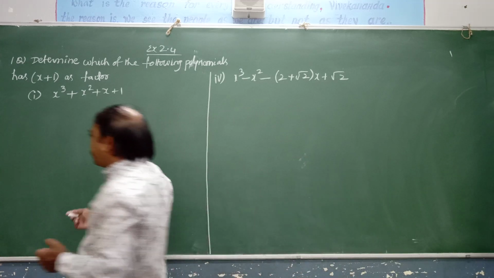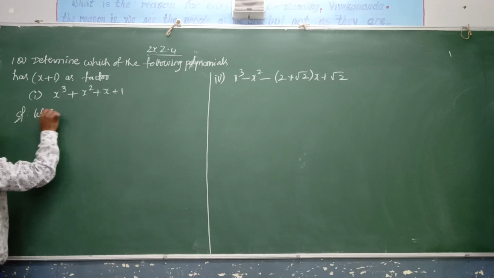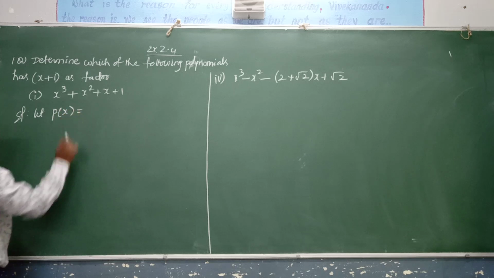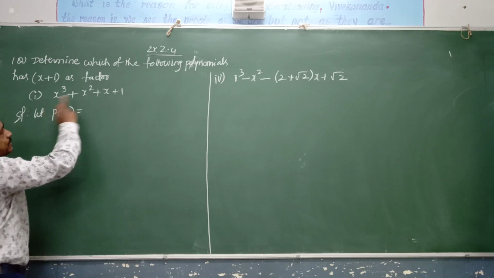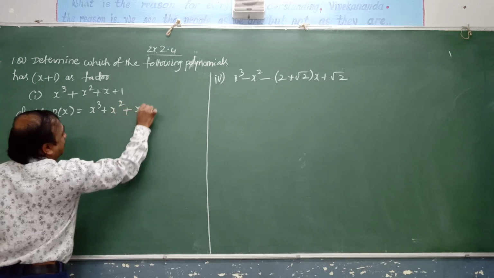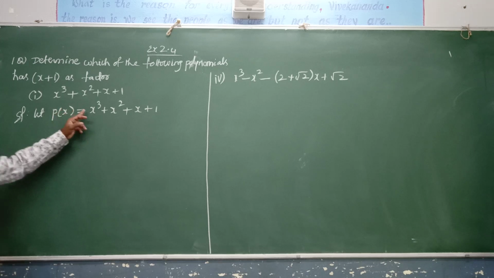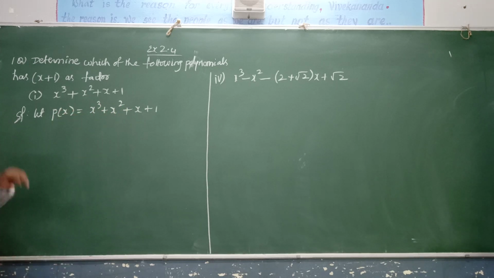So now, in this first, let p of x be equal to, what is p of x? X cube plus x square plus x plus 1.